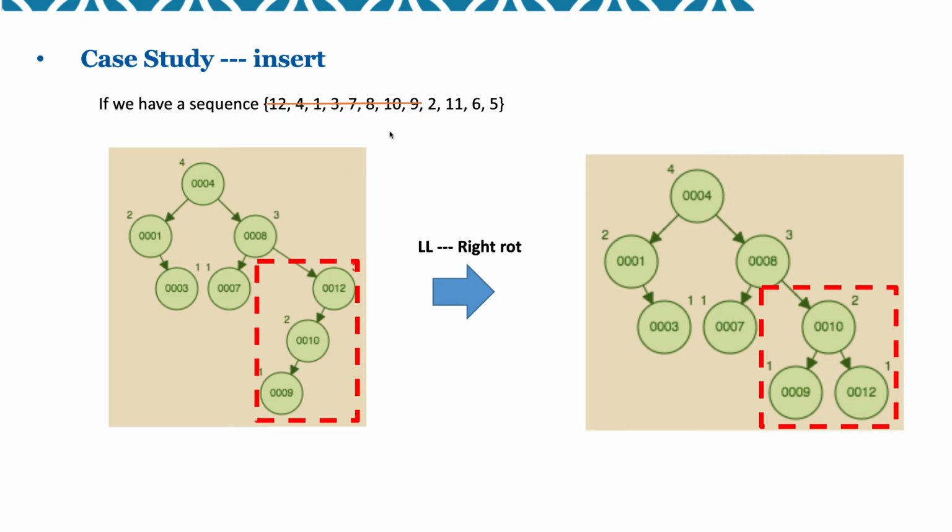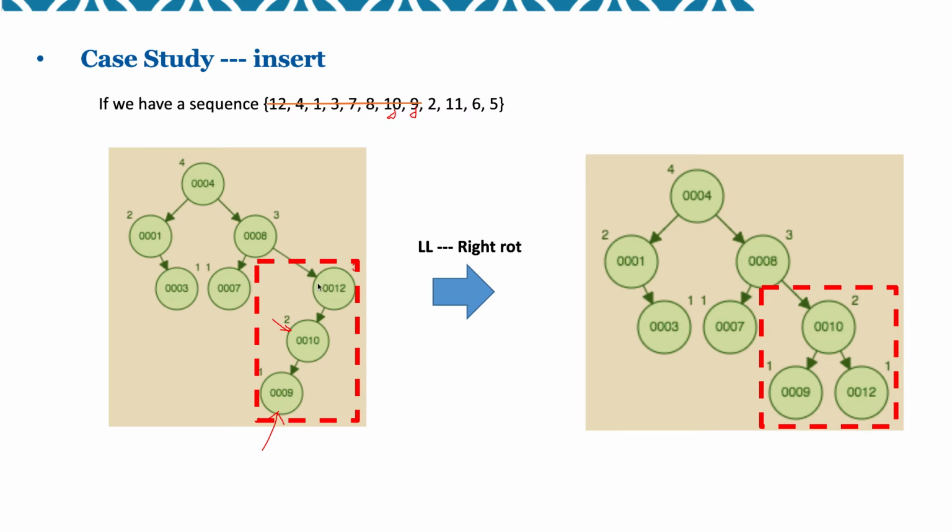And later on, we have number 10. Number 10 is bigger than 4, bigger than 8, less than 12, so it will be placed here. So the whole tree is still balanced. And followed by 9. Number 9 is bigger than 4, bigger than 8, less than 12, less than 10, so it is inserted here.